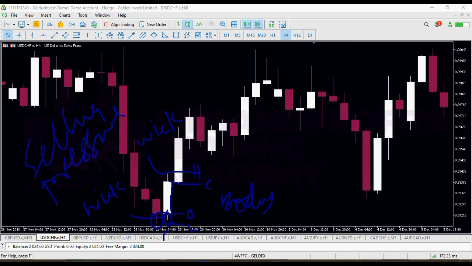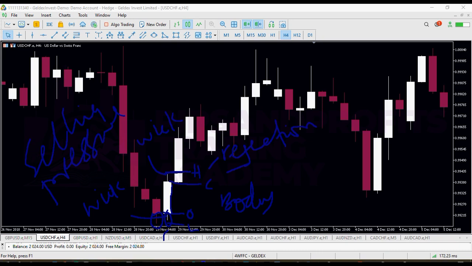And then we are also saying that when price made a higher point, the bulls were willing to take price higher. However, they were also met with some form of opposition. So here we are saying that there is some form of rejection.